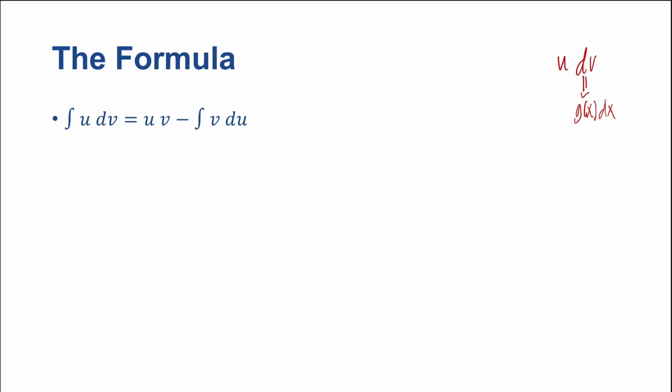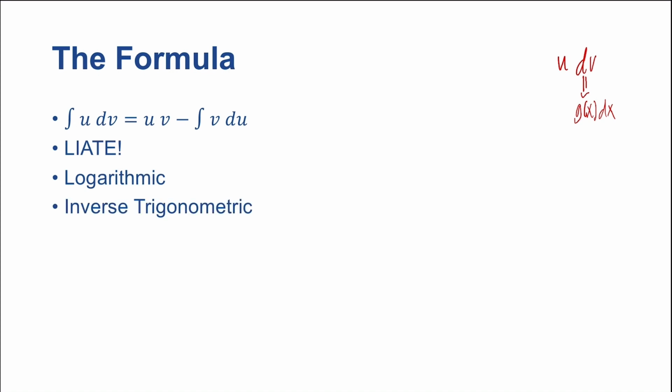So let's have a look at our LIATE convention. We start with logarithmic functions, and then we deal with inverse trigonometric functions. If you remember the logarithmic functions, something like ln x goes to 1 over x when differentiated, so that makes it a lot easier. And same with the inverse trigonometric functions.